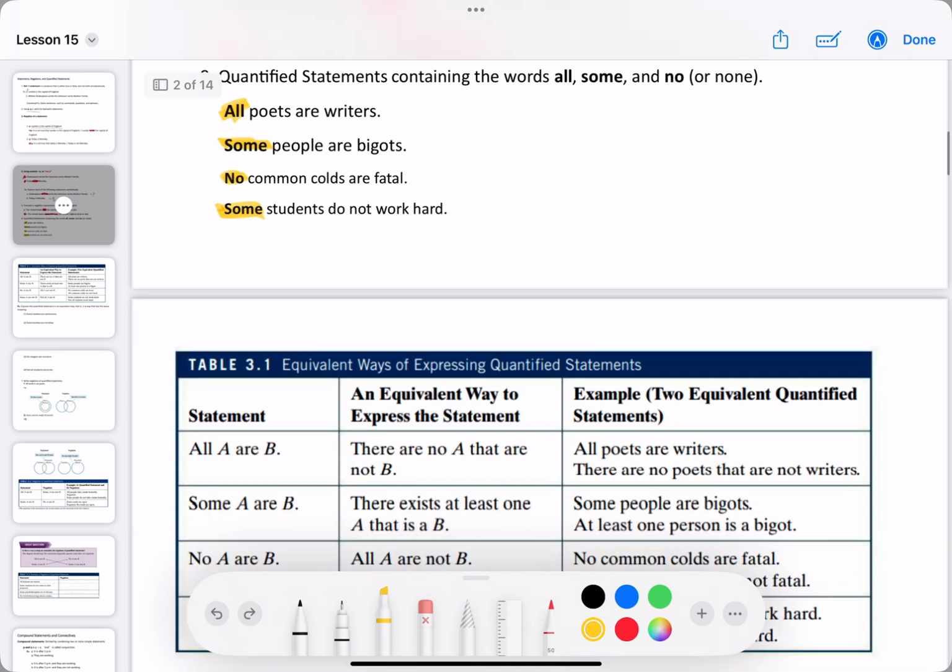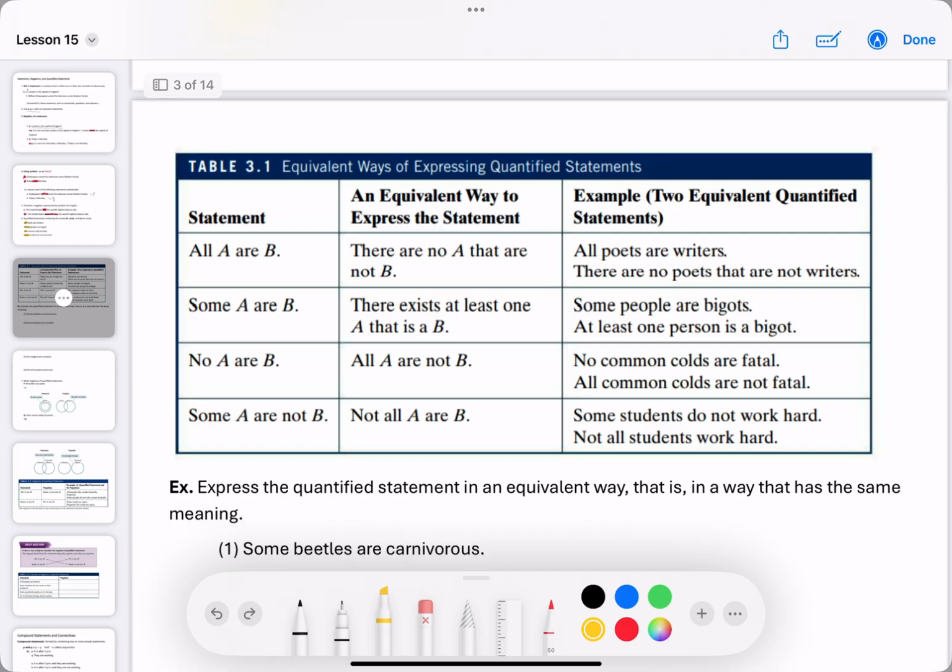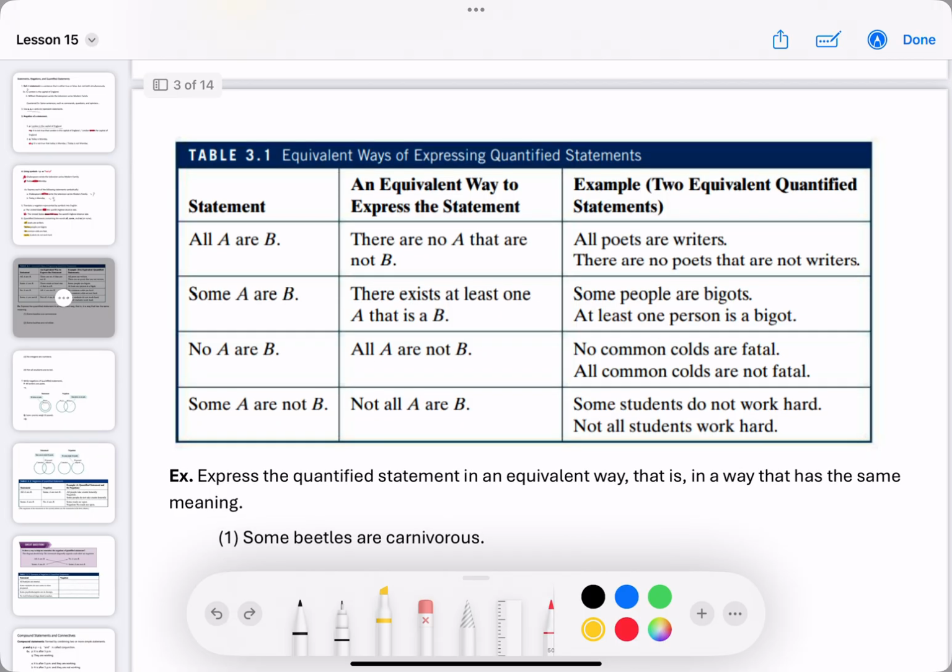Let's see how to find the equivalent way to express the statement if the sentence has quantified words like all, some, no. First one is all A are B. What is the equivalent of all A are B?